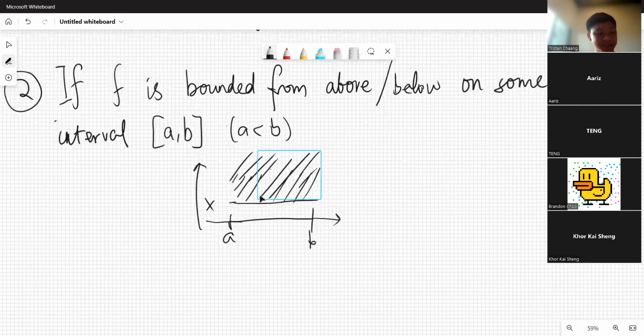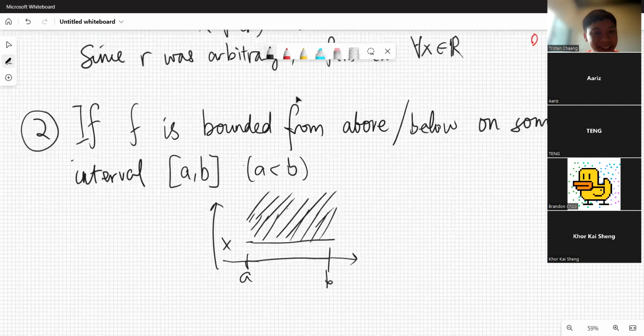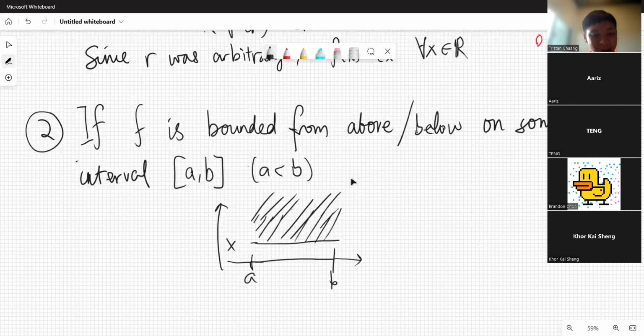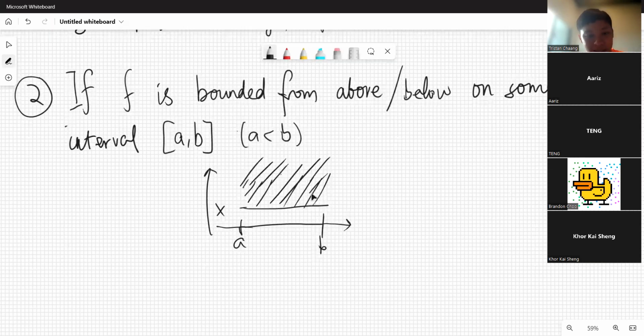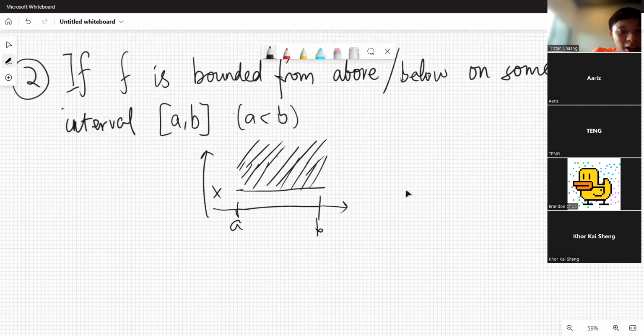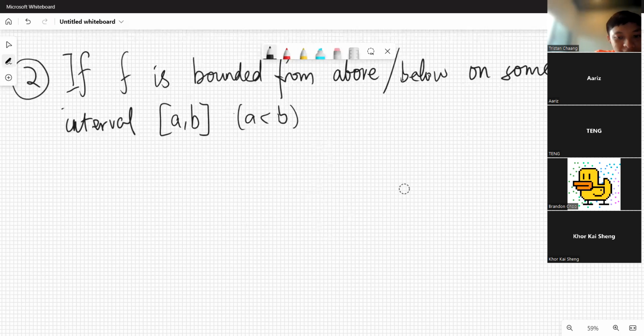So this kind of looks to me nothing to do with continuity, but apparently we can prove that f(x) equals c x from this condition. So either there is some lower bound or there is some upper bound on this interval. And how do we do that? This is a much harder case, but I hope everyone can learn something from this proof.